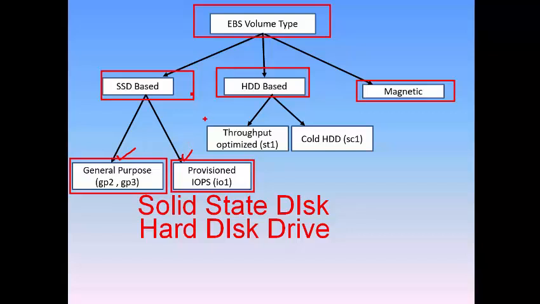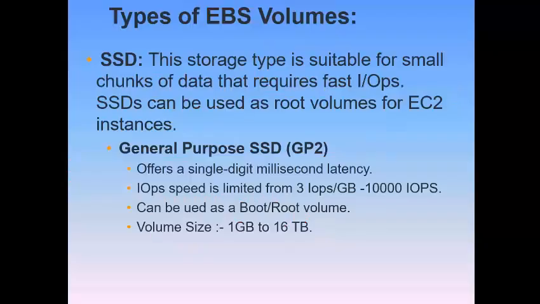In hard disks, there is throughput optimized and cold HDD. And the last one is the magnetic. So in total there are 5 types of EBS volumes. Okay, clear? So now let's move one by one to each.